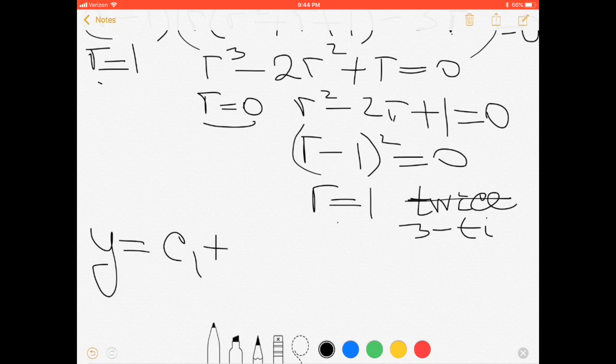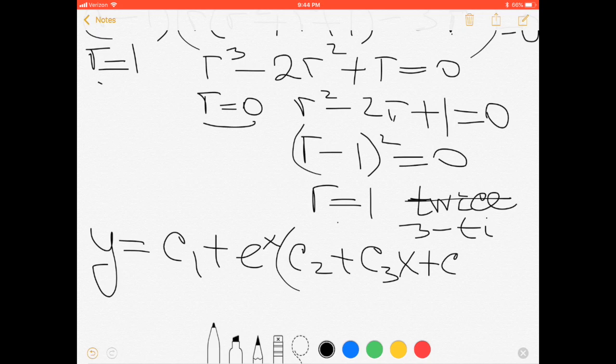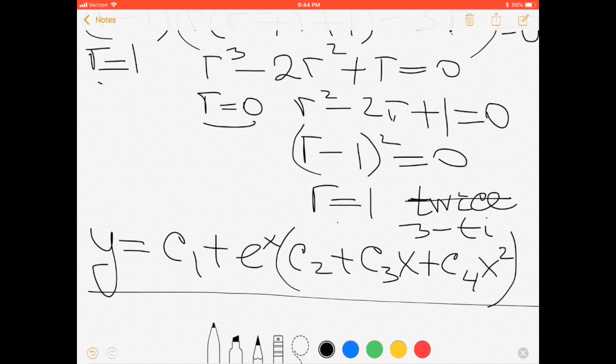This means I have plus e to the power x times (C2 plus C3 times x plus C4 times x squared). This is our general solution.